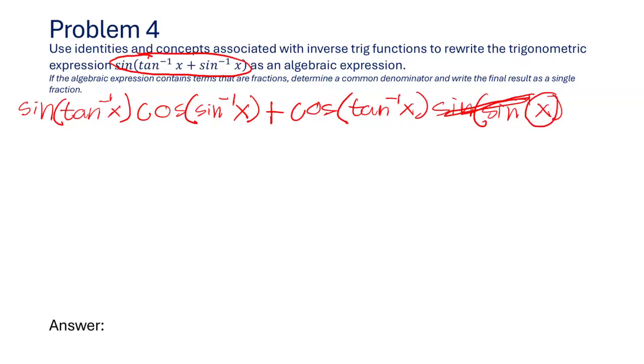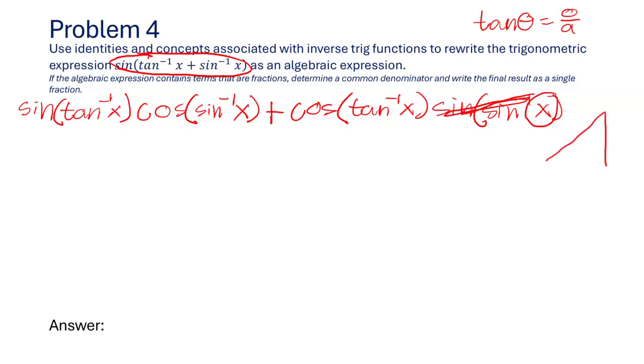Okay. The next thing we want to do is try to simplify some of these. We have sine of arctangent, which is not very nice. So we remember tangent of theta is opposite over adjacent. That means arctangent takes in opposite over adjacent and gives us theta. I like to draw a little triangle just to think about it.